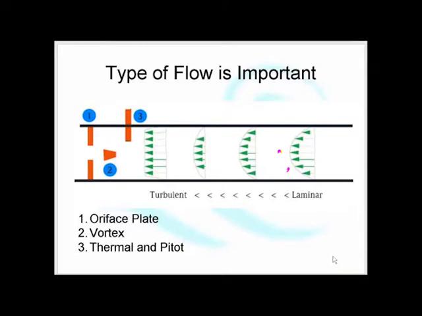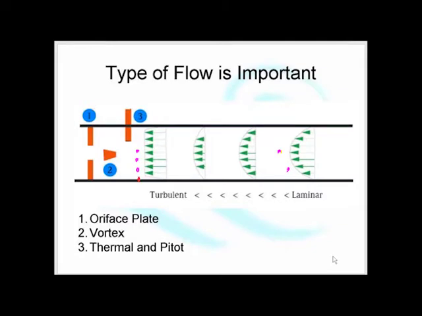So for that reason, if we've got a flow meter which is actually measuring velocity, the ideal flow profile is turbulent, because with turbulent flow it doesn't matter if you measure in the middle, it doesn't matter if you measure there, it doesn't even matter if you measure there. As long as you're not stupid and try and measure there, you will get a representative flow.